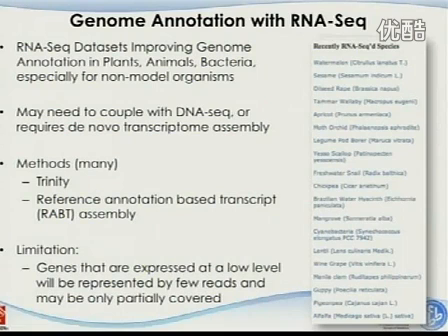The limitation of this type of approach to annotation is that genes expressed at a low level will be represented by few reads, and may be only partially covered. If you already have a good reference genome, that's fine, and you just see low signals there. But if you don't have a good reference genome, you need to do the transcriptome assembly first.